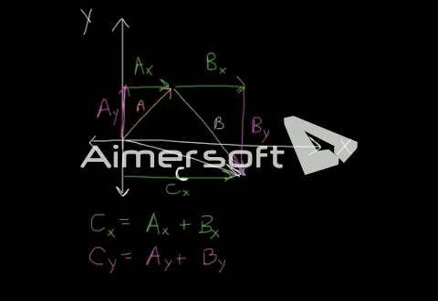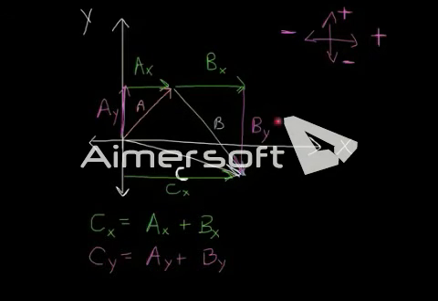In chapter 2, I mentioned that I like to choose my coordinate system in such a way that I draw my coordinates, and I choose anything that's going up as positive, anything that's going down is negative, anything that's going right is positive, anything that's going left is negative. So if I look at my vectors here, my ay is going up. I chose anything going up is positive, so ay is going to be positive.